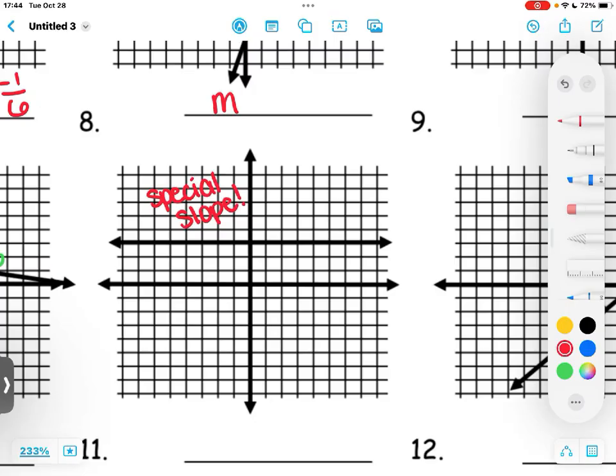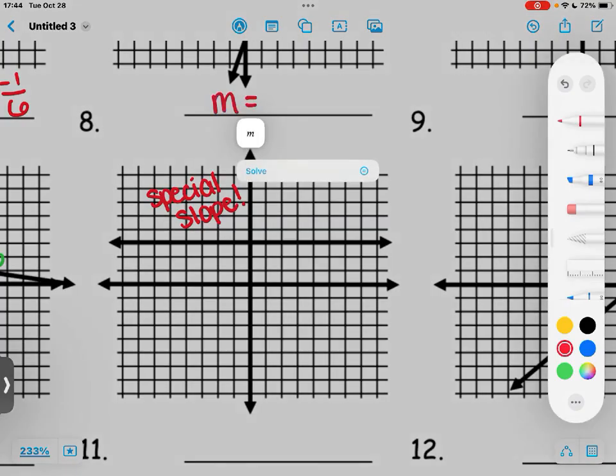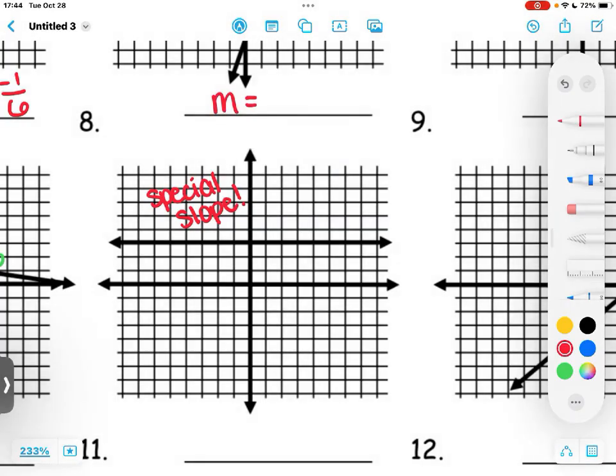So if we look at it, we are going left or right. We're not going up or down any units. So this would actually be a slope of 0. We are constantly moving in a left or right direction, making the slope 0.